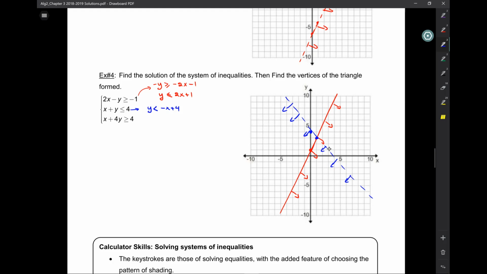The second one is a solid line. 4y is greater than or equal to negative x plus 4.